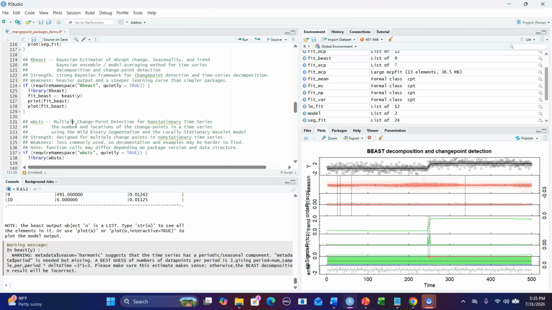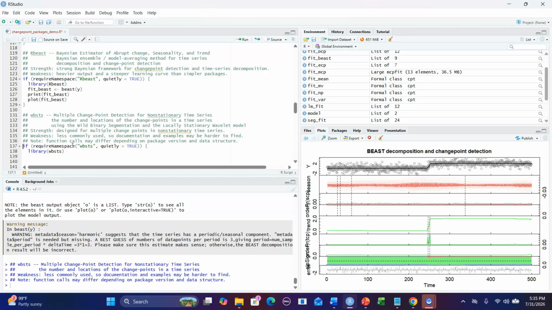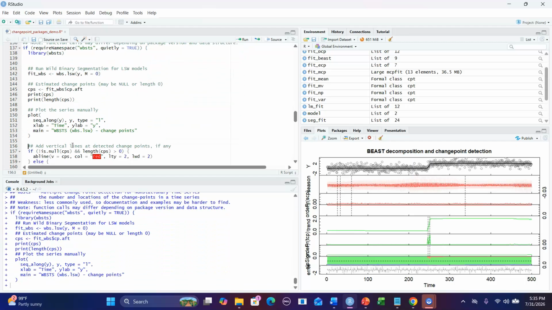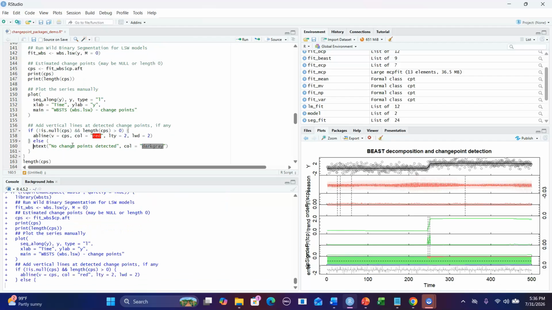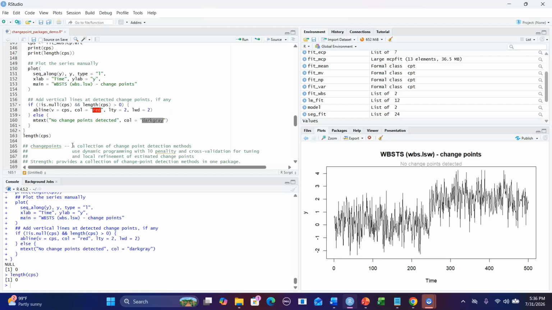All right, let's go to wbsts, which is multiple change point detection for non-stationary time series using wild binary segmentation and a locally stationary wavelet model. So mathematically complicated. Let's see how well it works for this case. It actually does not really work.